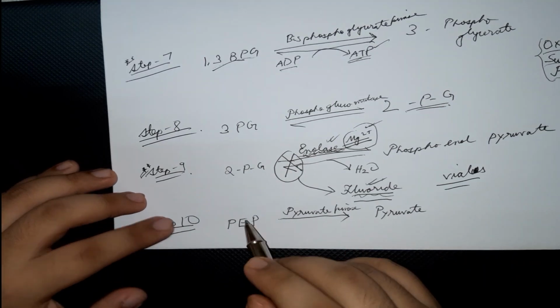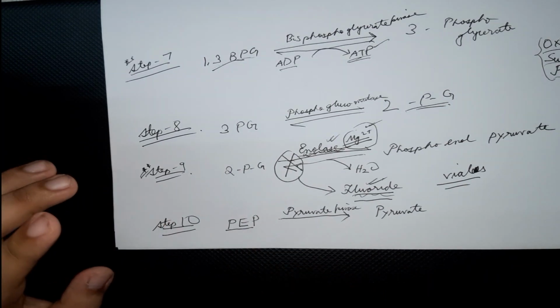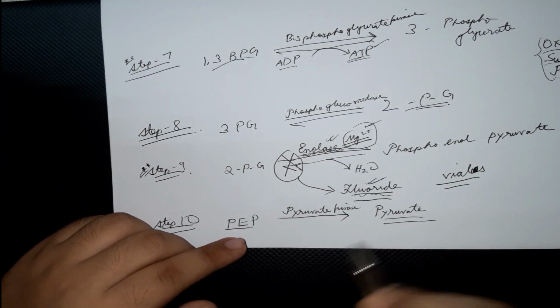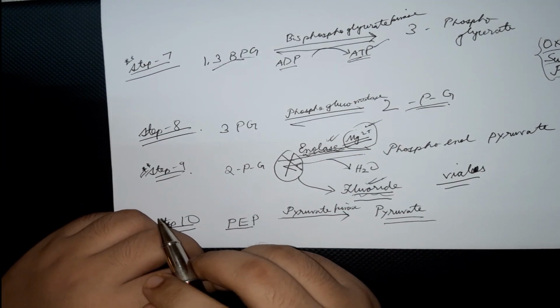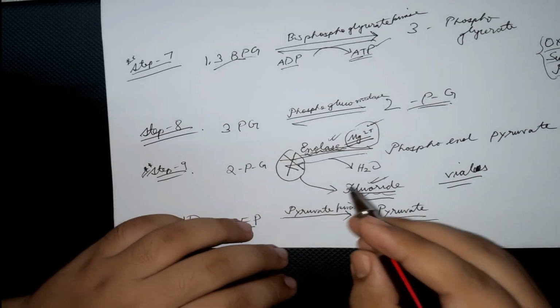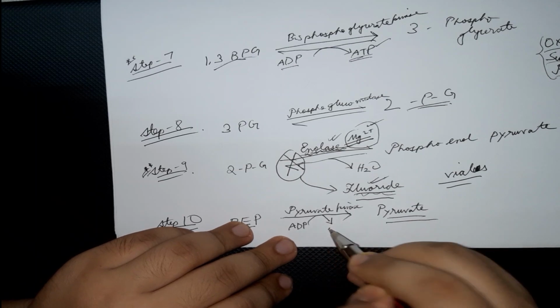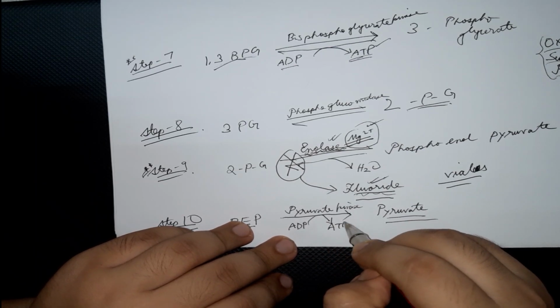As you can see, phosphoenol pyruvate had a phosphate, but in pyruvate that phosphate is missing. So obviously the phosphate was used for the purpose it can be used for in the payoff phase, ATP formation.